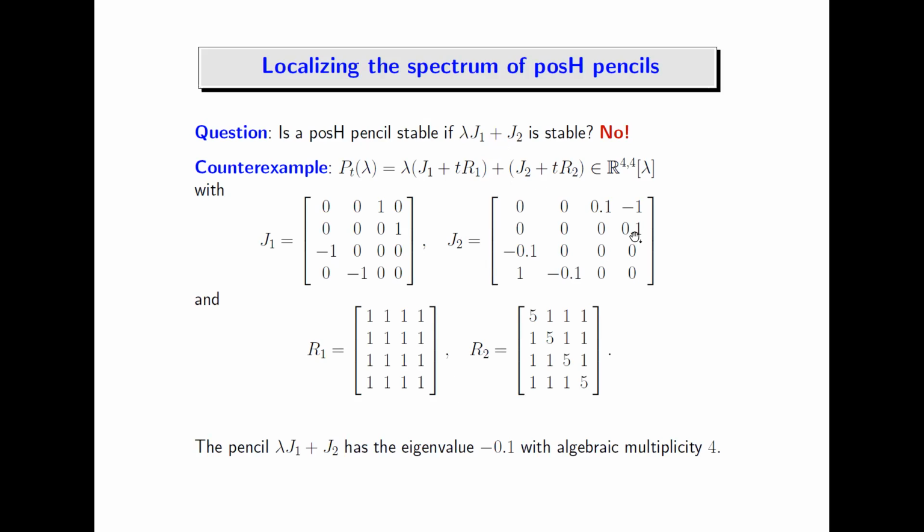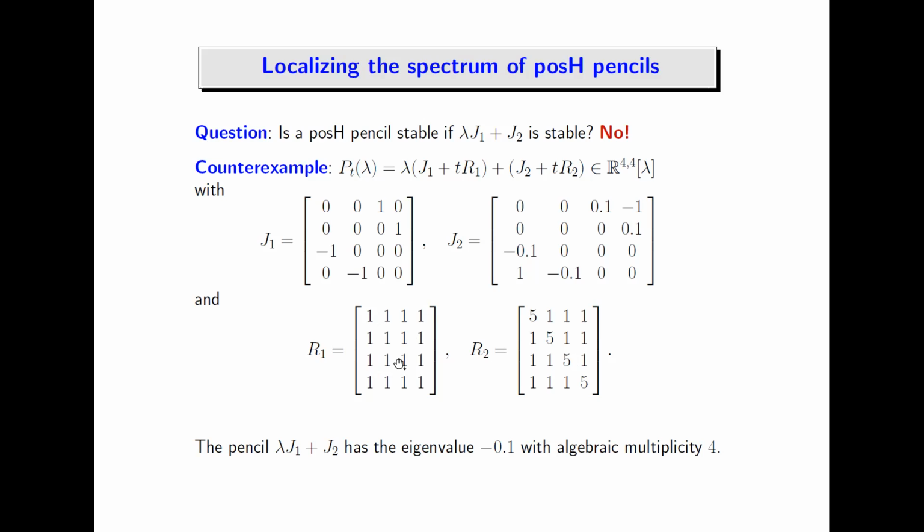And so all here again, the same block. So the eigenvalue is with algebraic multiplicity 4, and it is in the left half plane. Everything is fine. And then we add here a scalar multiple of these two semi-definite matrices.